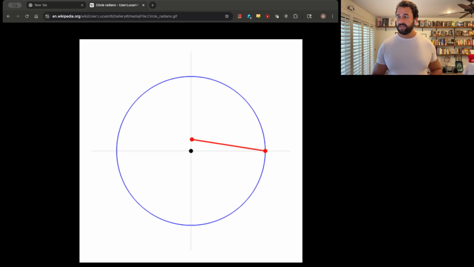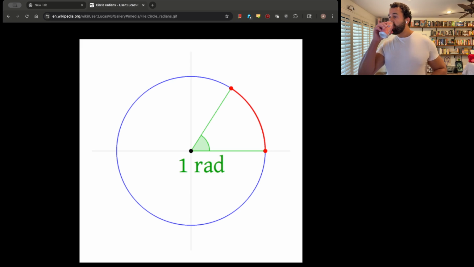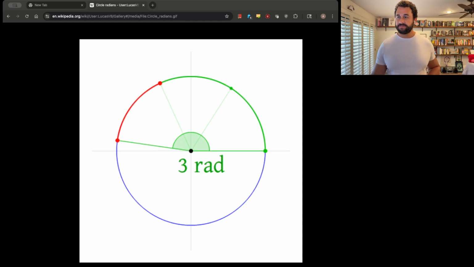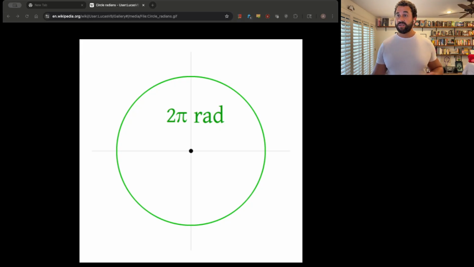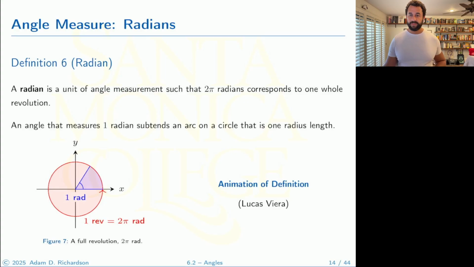You take that radius, you slap it onto that circle, and that gives us 1 radian. 2 radians, 3 radians, pi radians, and then when you go all the way around, you get 2 pi radians. There it is. Okay, so that's how we're defining radians, and we're going to see why they're superior in just a moment here. Let's get back to the slides and take a look at what's next.